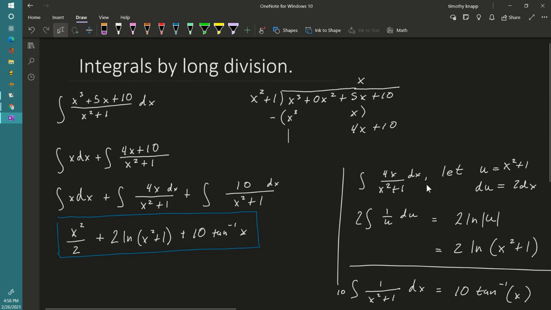Another way you could think about that is by doing a u substitution over here. I did it with a u substitution. So I'm going to let u equal x squared plus 1. And so there it is, x squared plus 1. Then I factored out a 2, leaving me a 2x. Oh, I forgot an x right here.